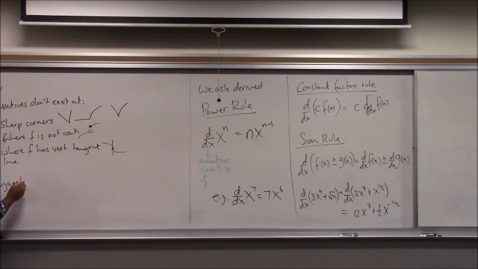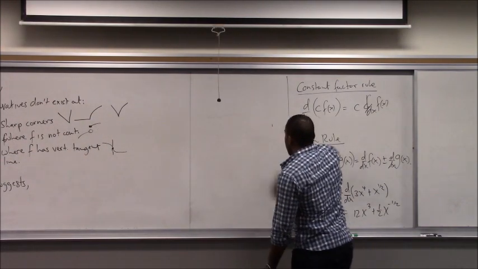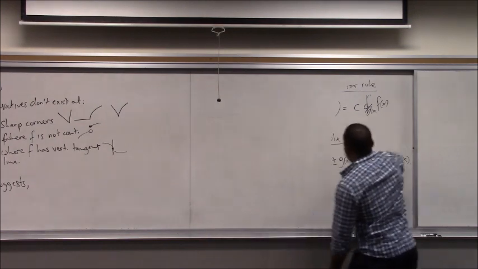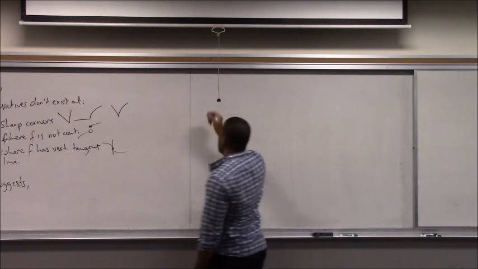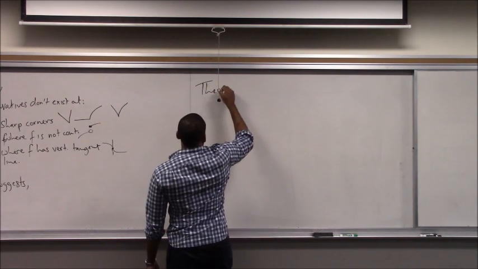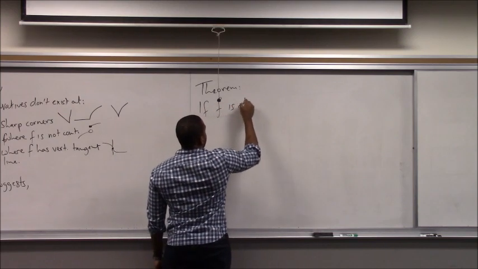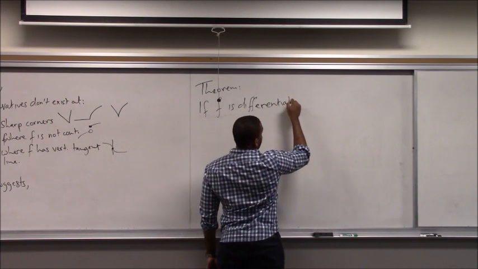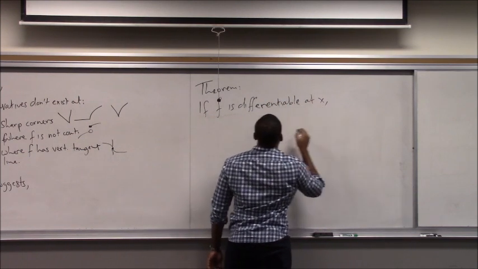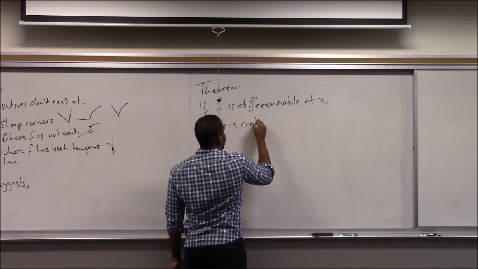This suggests a theorem that I'm not going to prove, but it's nice to just state it and state the fact that the opposite isn't true. If f is differentiable at a point, meaning you can find the derivative there, then it is continuous.